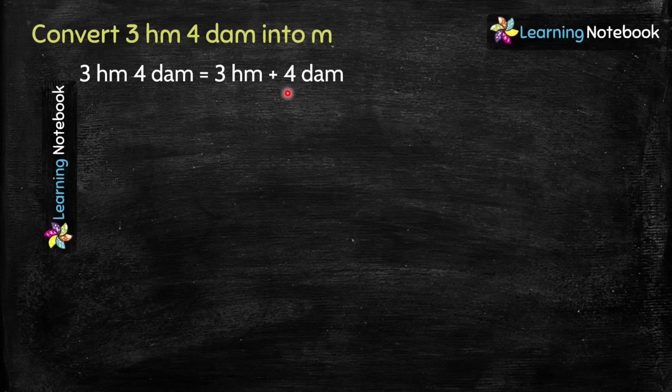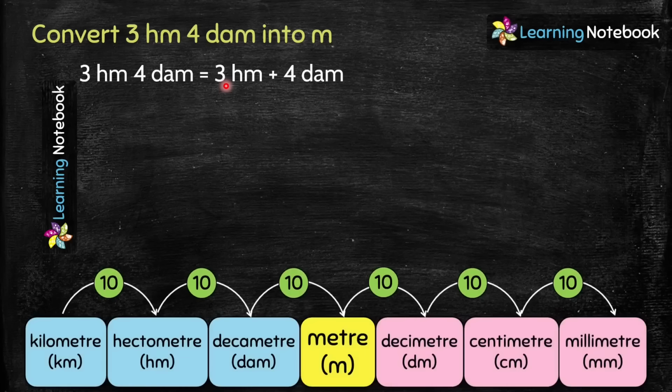So let's first convert 3 hectometer into meters. Refer to this diagram and see we have to jump 2 times from hectometer to meter. So it means 1 hectometer equals to 100 meter. So 3 hectometer equal to 3 multiplied by 100 meters.